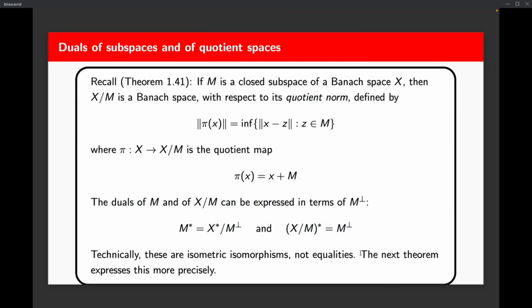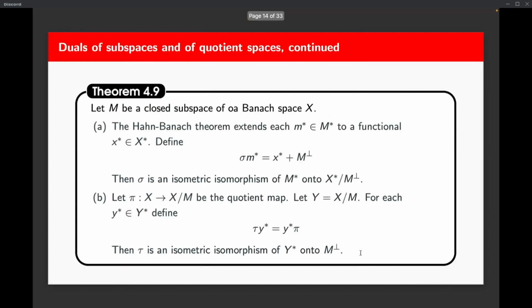As mentioned in the last sentence here, these are technically isometric isomorphisms, not equalities, but in most cases it's probably fine to think of them as equalities. And then he gives a theorem that gives a more technical statement, which is useful when you want to actually prove it, but it's not really that pleasant to read, and it's kind of confusing.